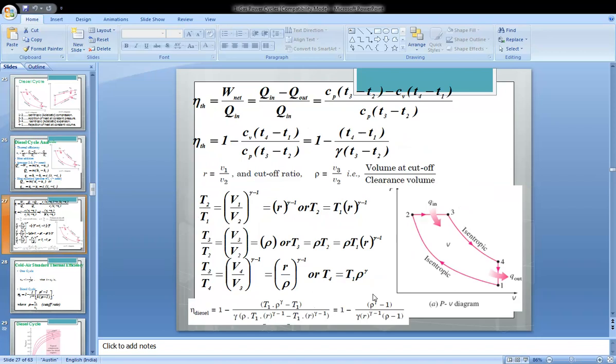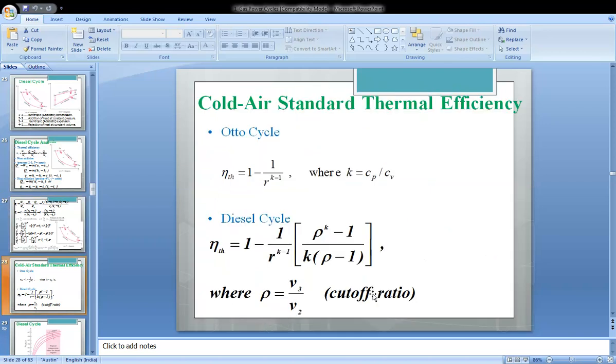Here we take the cutoff ratio, which is defined as the volume at the cutoff to the clearance volume. The air standard thermal efficiency of the Otto cycle and the diesel cycle are given by these expressions.